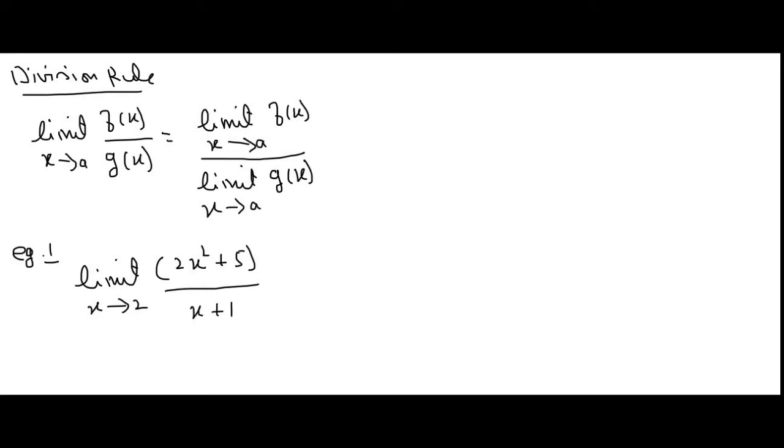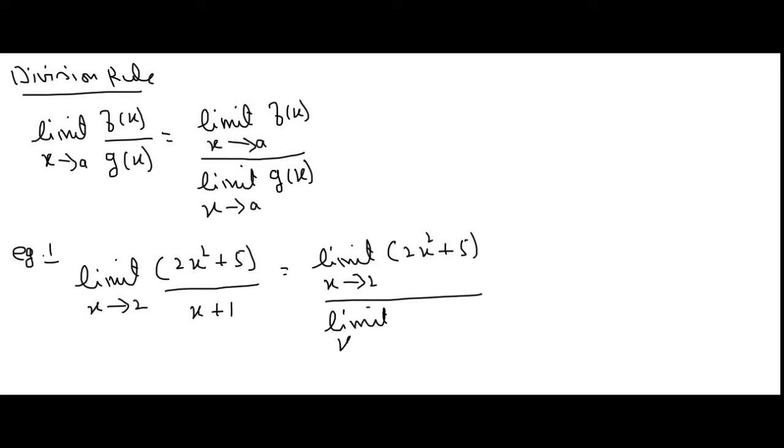Now this is a division function, so we will write limit x approaches 2, 2x squared plus 5, over limit x approaches 2, x plus 1.